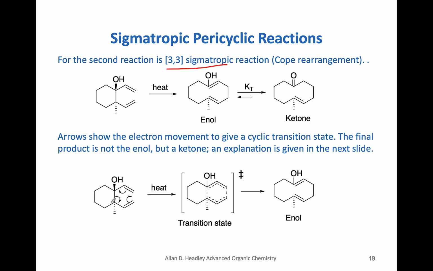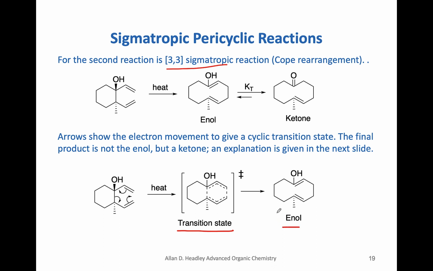These electrons come in, this bond is broken, and you can see this bond is gone, and this bond is formed. This is your cyclic transition state with 6 electrons, 2, 4, and 6. It's a pretty stable transition state, which goes on to form this as the product.